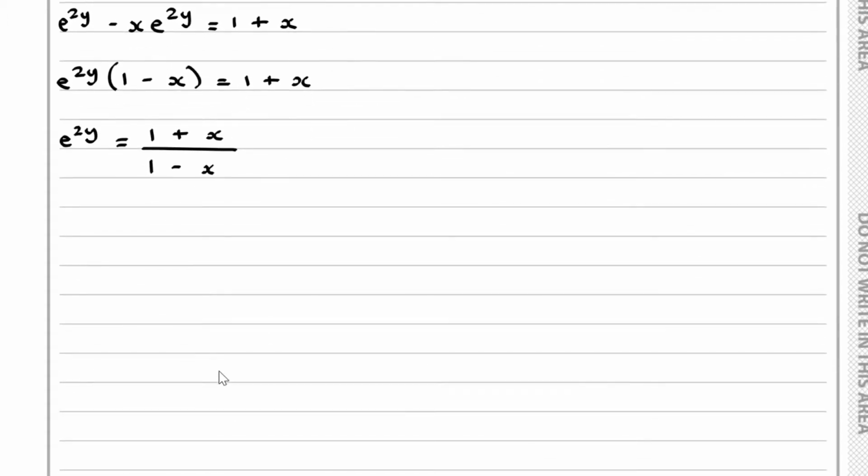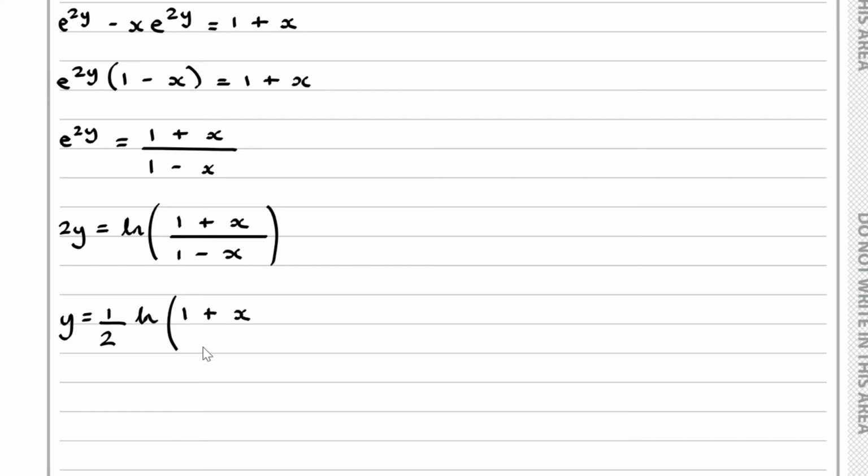Then if we take the log of both sides, 2y is equal to the natural log of 1 plus x over 1 minus x, and dividing both sides by 2, y is equal to 1/2 times the natural log of 1 plus x over 1 minus x.